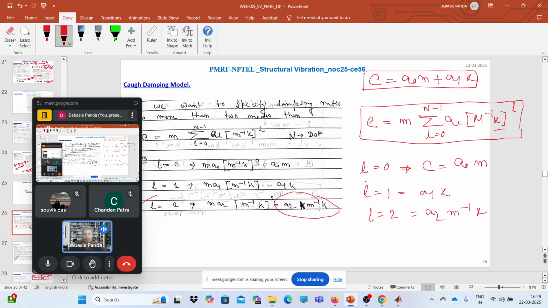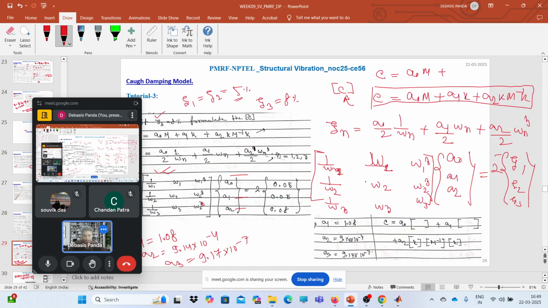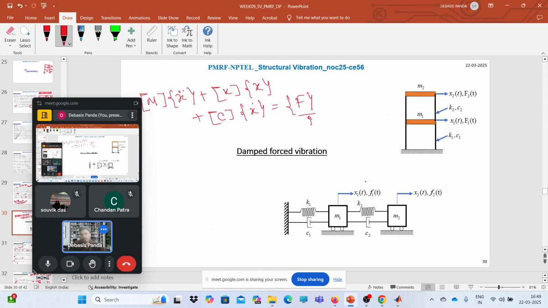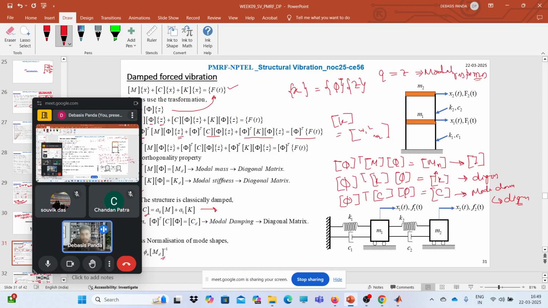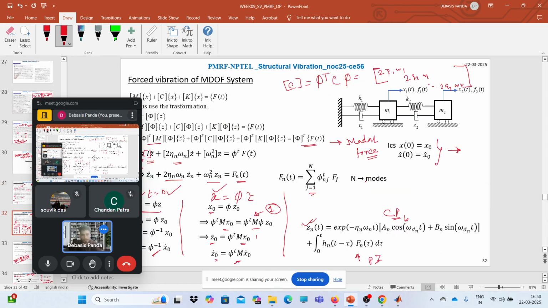Then we moved to the damped forced vibration of the MDOF system, where we saw how to solve in modal coordinates. That means we need to find the mode shapes and the generalized coordinates or the modal responses.